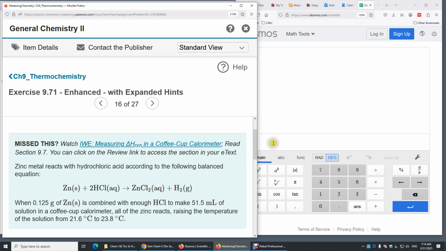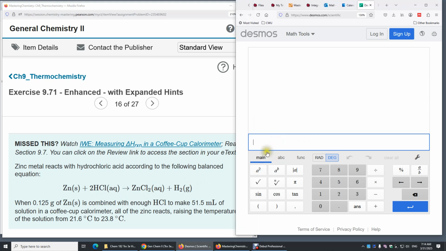Now let's do the calculation. The setup is this. First, we compute the amount of heat. We have 51.5 milliliters times 1 gram per milliliter. We get the mass of the solution in grams, and multiplied by the specific heat capacity.